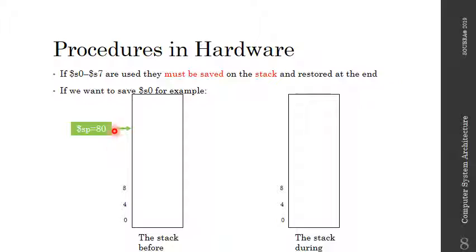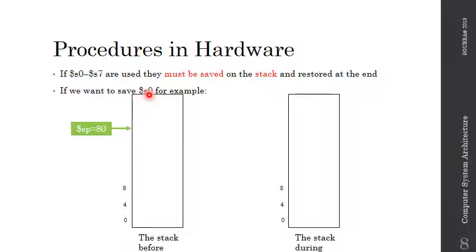So imagine that I'm starting here and I have the SP register here. It's some kind of pointer to tell me where is the first free space in my stack, or where's the last stored space in my stack. It doesn't really matter. It's the roof, it's the limit of my stack. So it's pointing to the very first free space, the top of the stack. Let's call it that way.